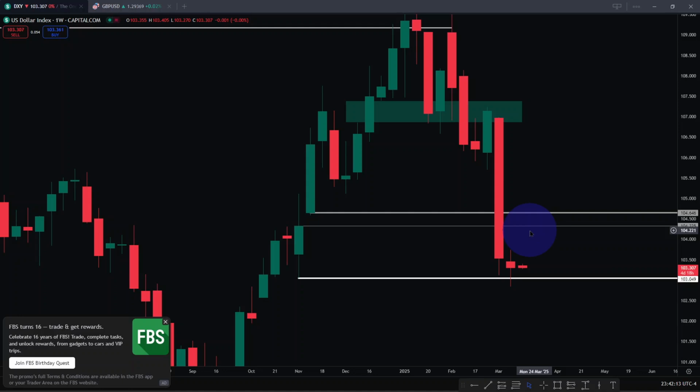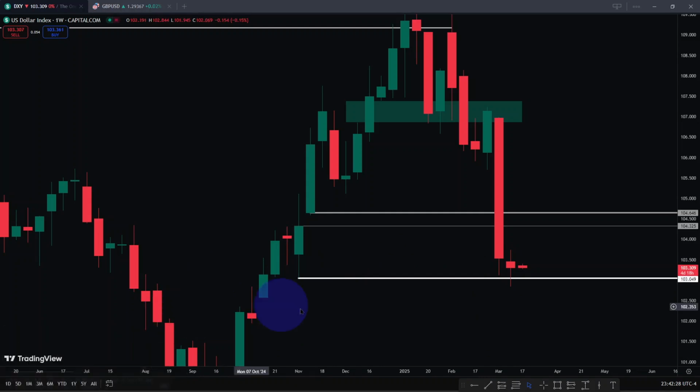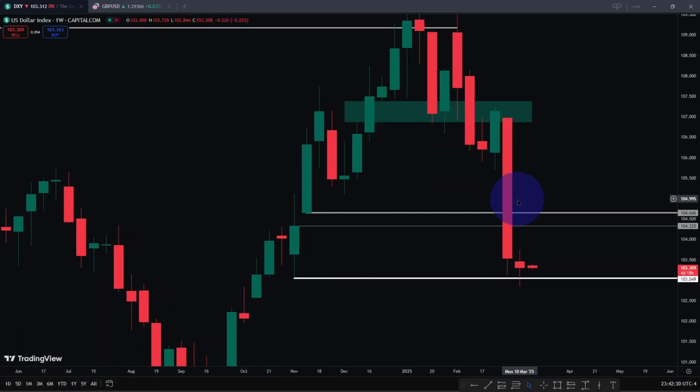And I was thinking that maybe the markets could likely return into this previous weekly low first. That's this monthly fair value gap, discount fair value gap, because we're bearish on the dollar index, okay?